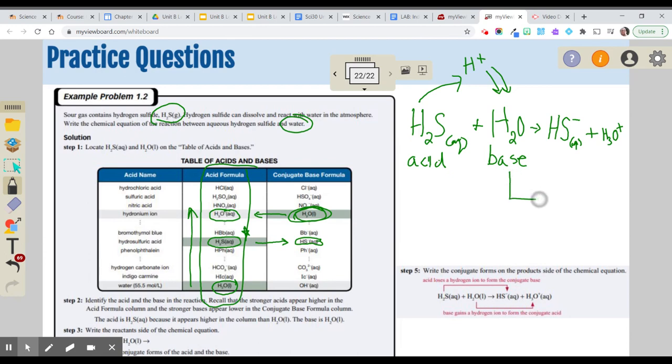So the base turns into its conjugate acid, and our acid turns into the conjugate base. And that is our acid-base reaction that's occurring. I strongly recommend you do a few more of these practice questions. And we're going to pause right here. That's the end of part A.